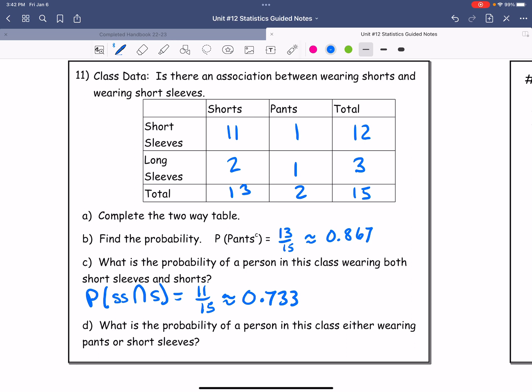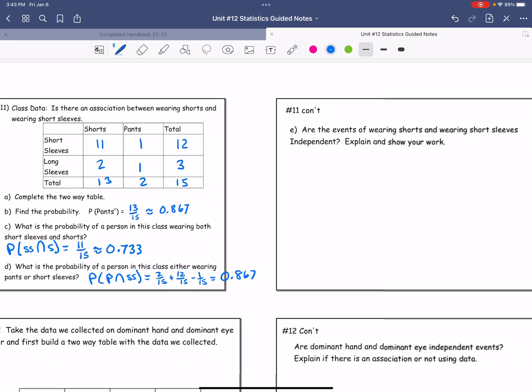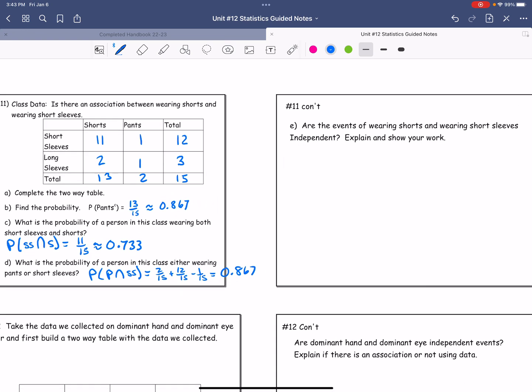What is the probability of a person in this class wearing either pants or short sleeves? Pants is 2 out of 15. Short sleeves is 12 out of 15. But there's an overlap of one person. And so that gives us 0.867.